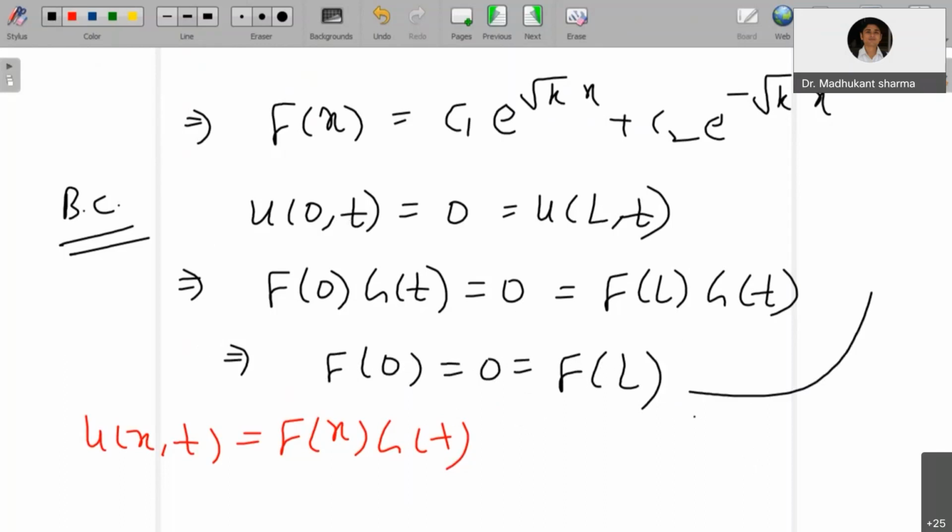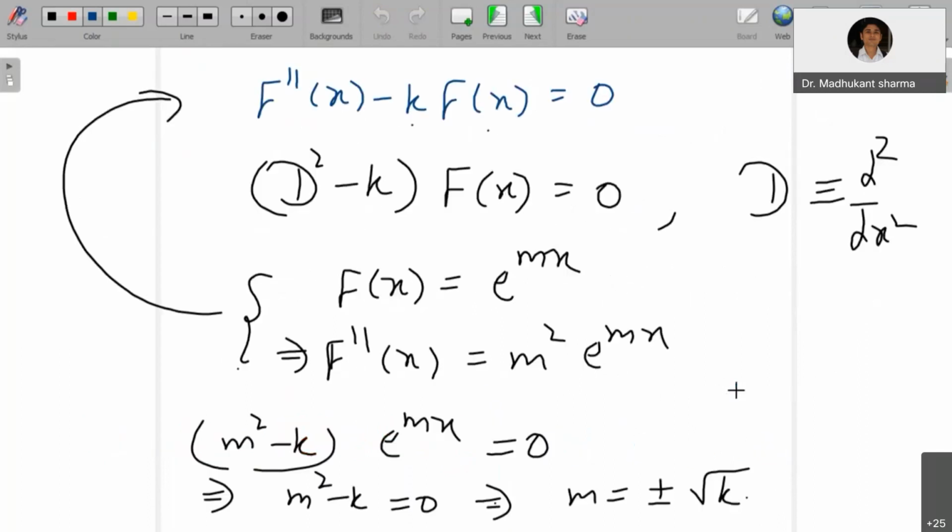Now you substitute these two here. And I'm giving you this as an exercise that this will lead to C1 equals C2 equals 0, only the zero solution possible for this case. Why is it so?